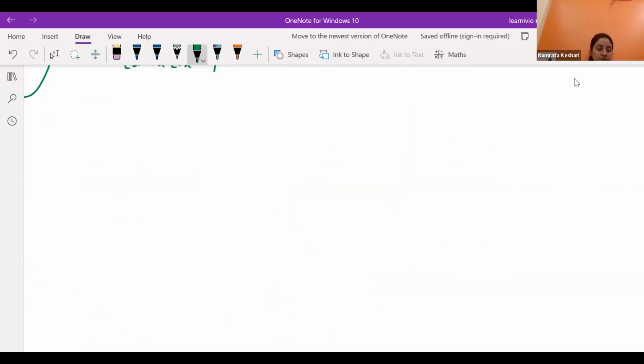If I'll be giving you this question, that suppose we have to integrate sine inverse cos x, then what to do, Annapurna?